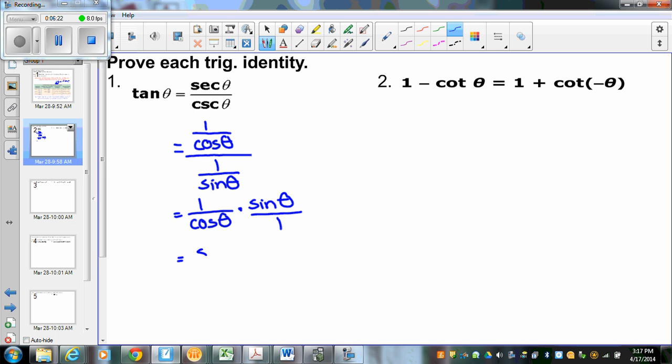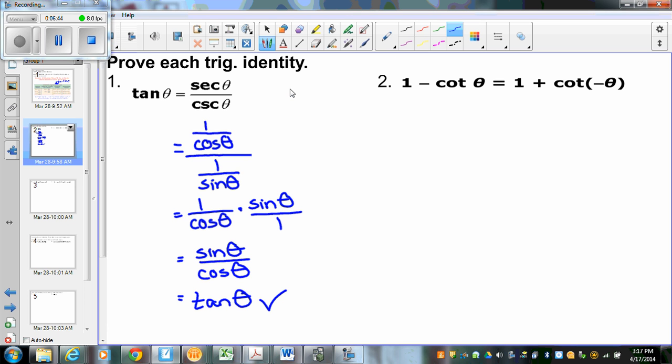And so now we have sine of theta over cosine of theta, which we know from our trig identities, sine over cosine is tangent. So I have now proven that this secant of theta divided by cosecant of theta is really equal to tangent of theta.